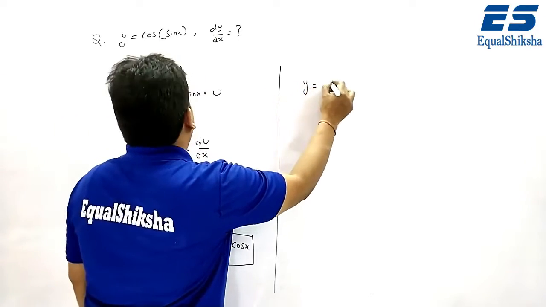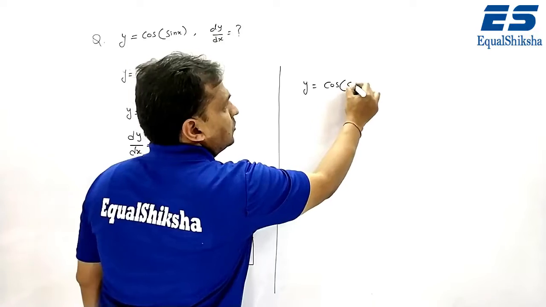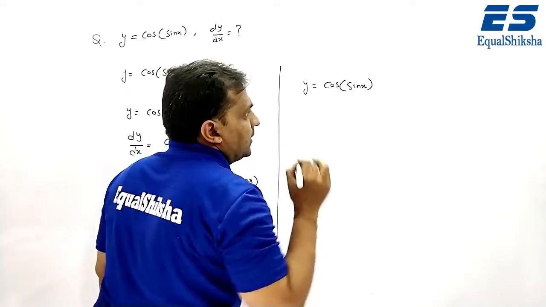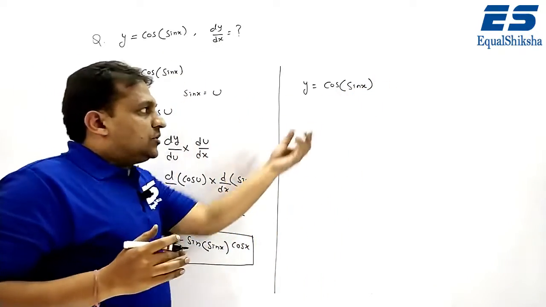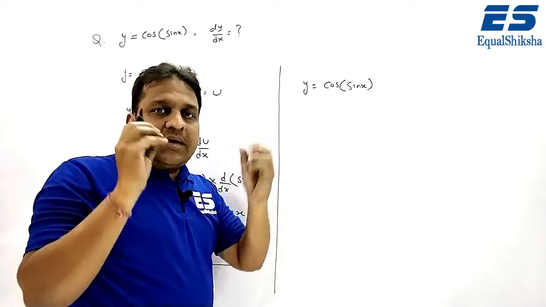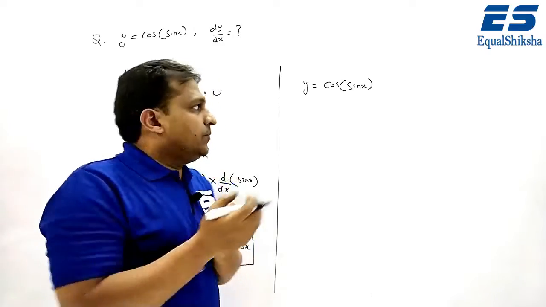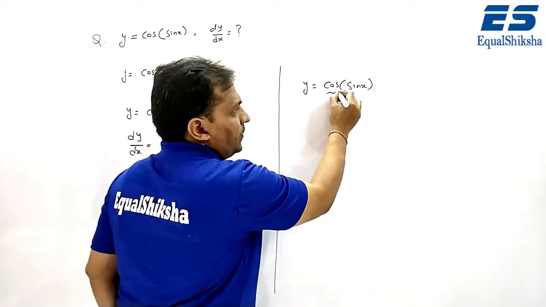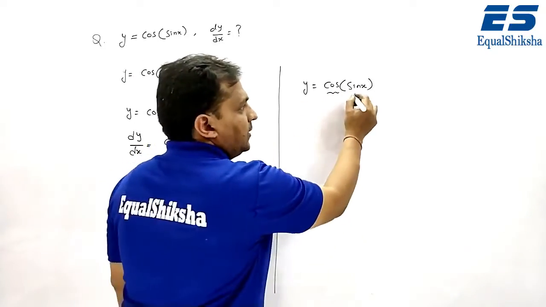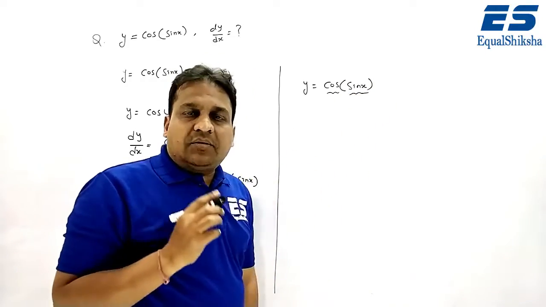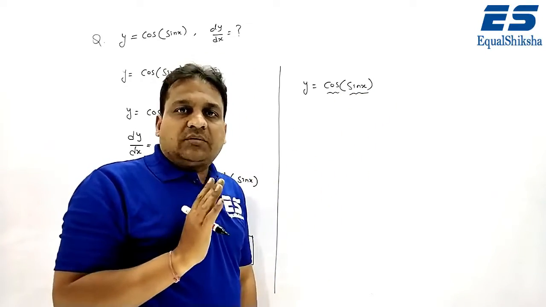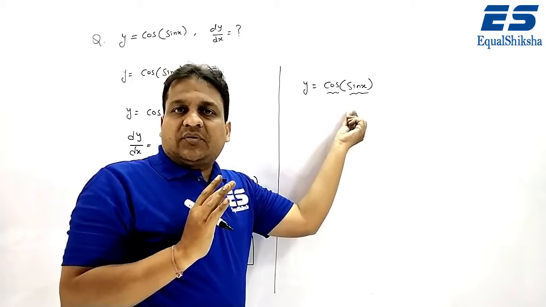For direct method, suppose y is equal to cos of sin x. Now solve this question by direct method. In the direct method, you have to pay special attention to the number of functions given. Here cos is one function and sin x is the second function. It means there are two functions. First function is cos and the second function is sin x.